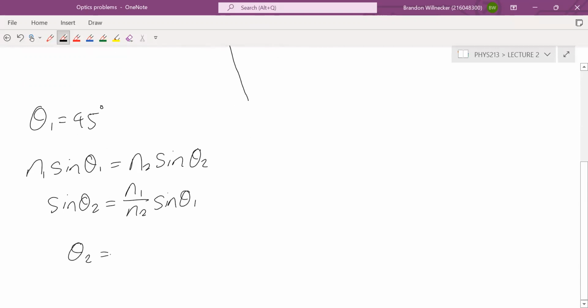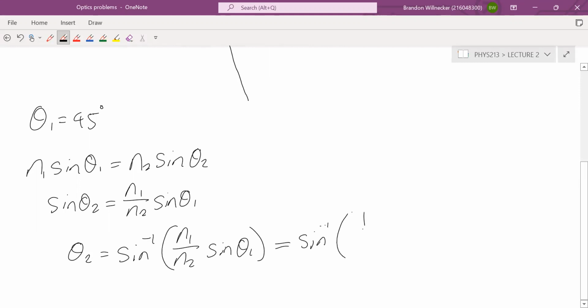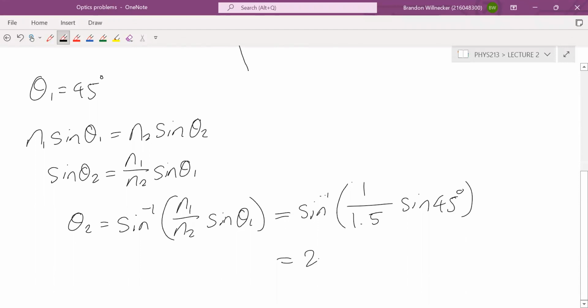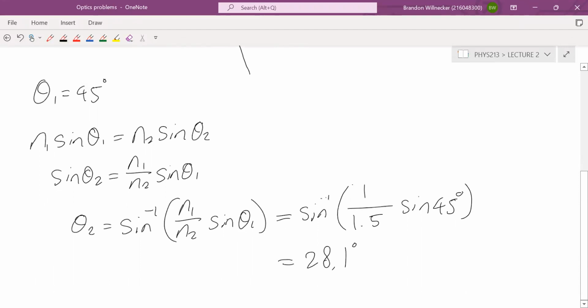So theta 2 is going to be arcsine or sine inverse of n1 over n2 sine theta 1. Okay, we can just plug in the numbers. We know that n1 is going to be 1, n2 is 1.5, and theta 1 is 45. We worked that out. Okay, so just using your calculator, we end up with 28.1 degrees.